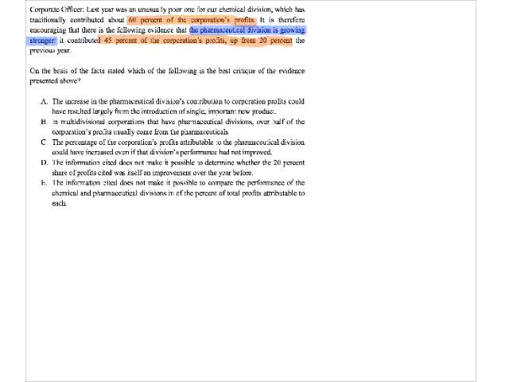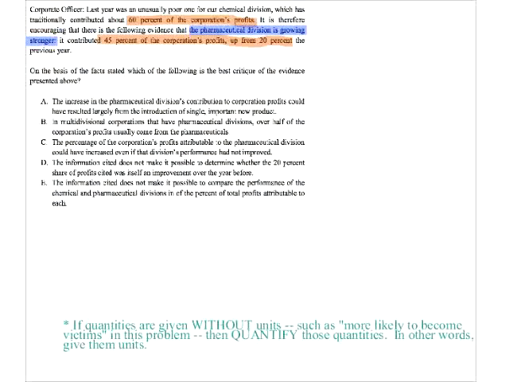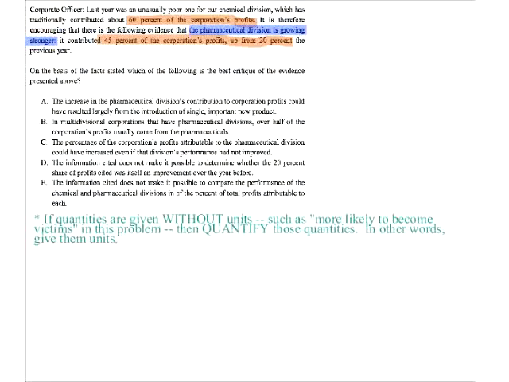Okay, so remember what we said last time. When you have quantities given without units, in the last problem we remarked, if you have quantities given without units, the first thing you have to do is quantify. Because in a lot of cases, that's going to be a significant factor in play here.